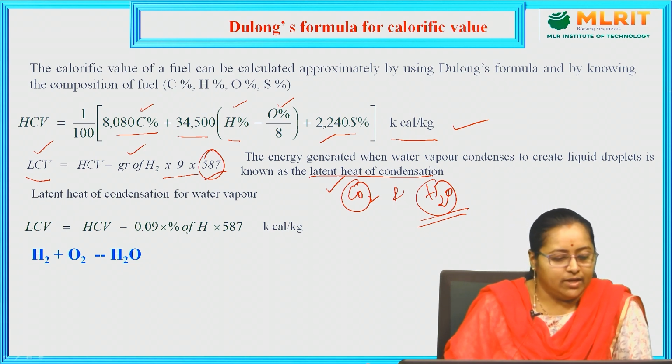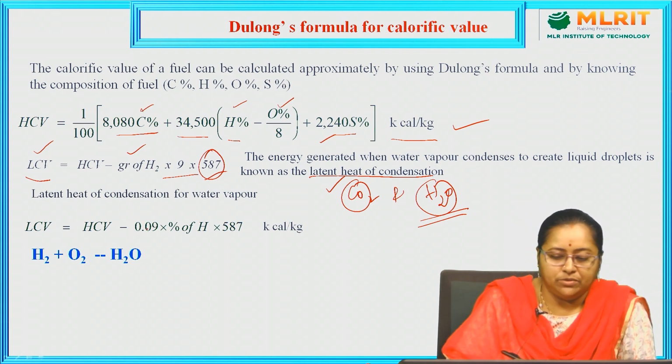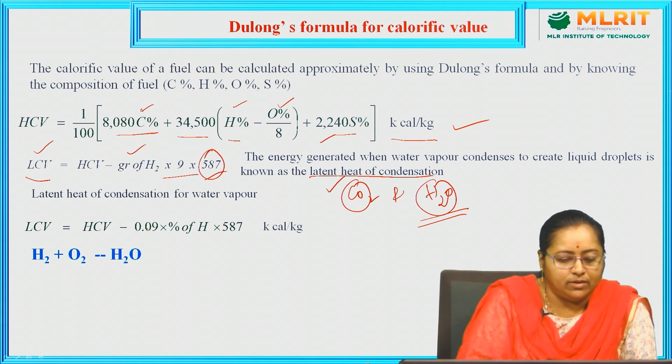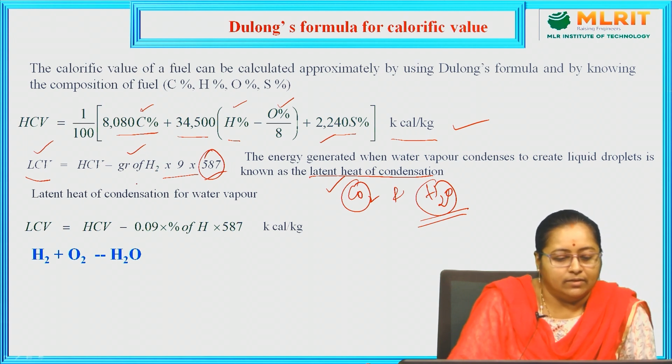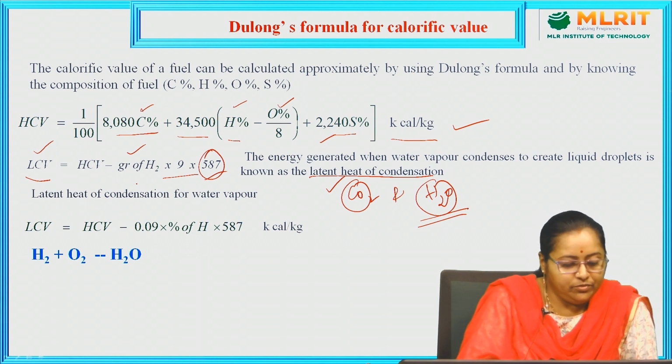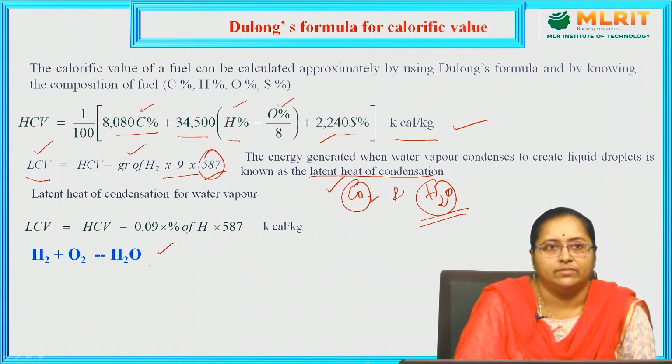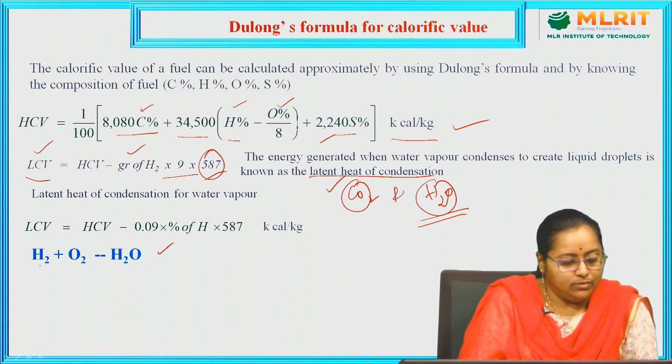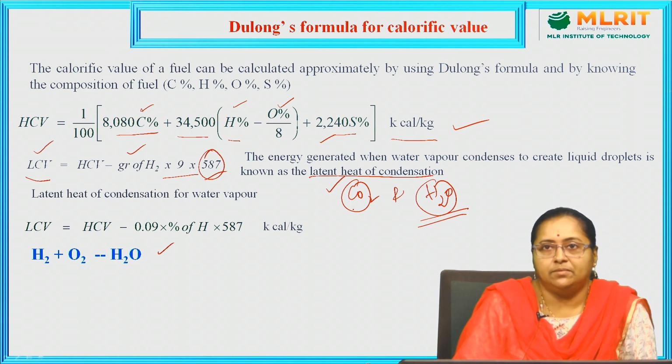Now I am going to explain how the 9 and grams of hydrogen are considered in the LCV formula. If you notice the combustion reaction, when a fuel is subjected to combustion in excess of air, carbon, as we know very well, liberates CO2. That is the first reaction.